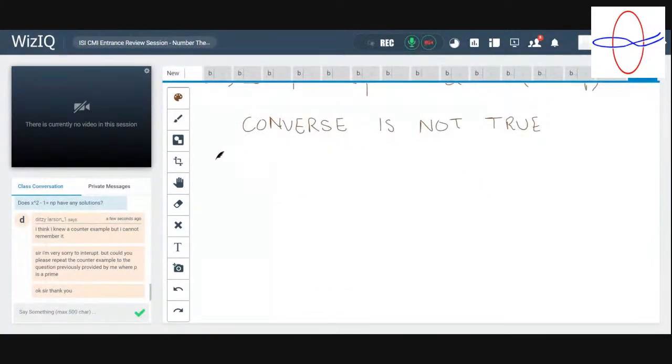Okay, why is the converse not true? It is not true because of a result. You can look at, but you don't need to know really.